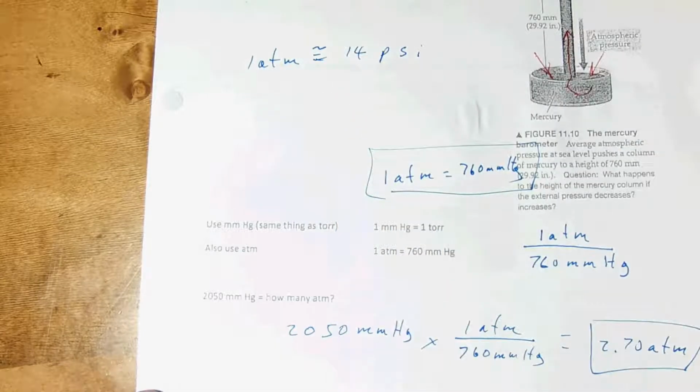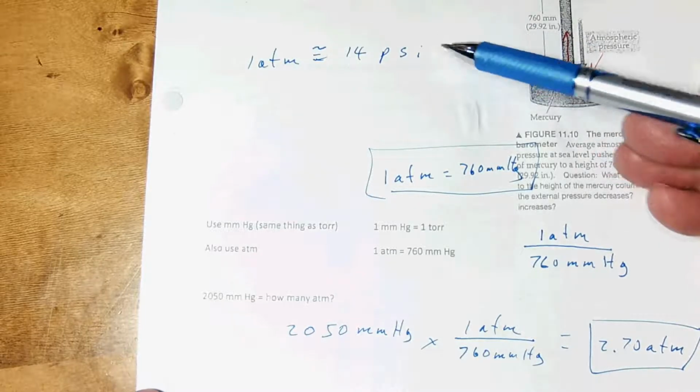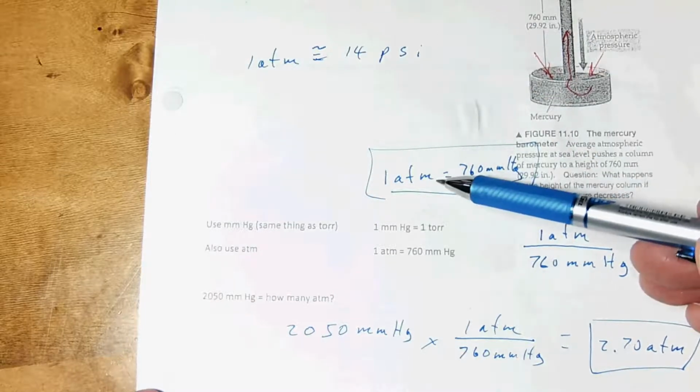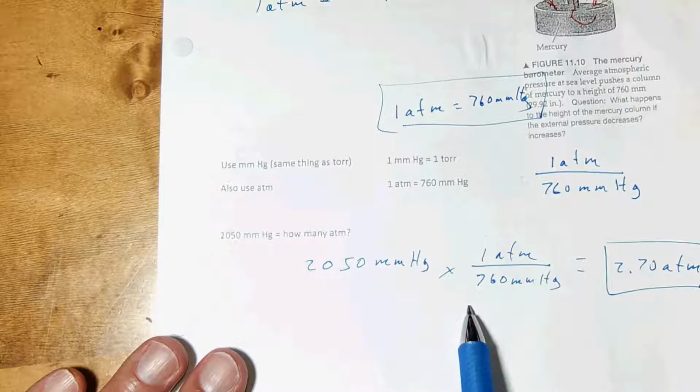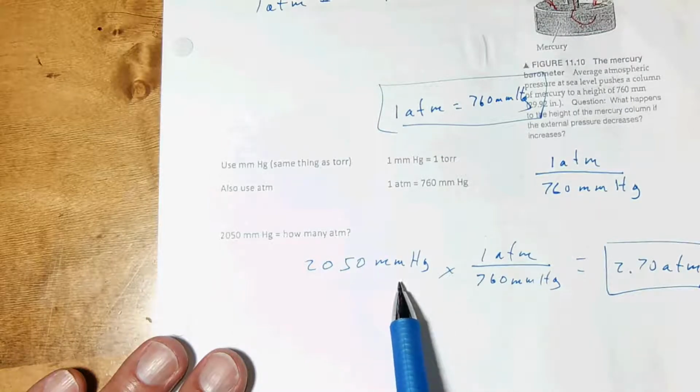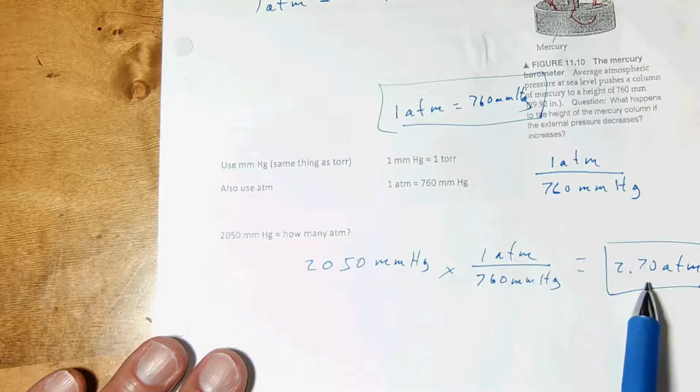So different units of pressure: pounds per square inch, millimeters of mercury, atmospheres. What you really have to be able to do is this type of conversion here. Make sure you can change millimeters of mercury into atmospheres. And guys, 1 atmosphere of pressure is a lot.